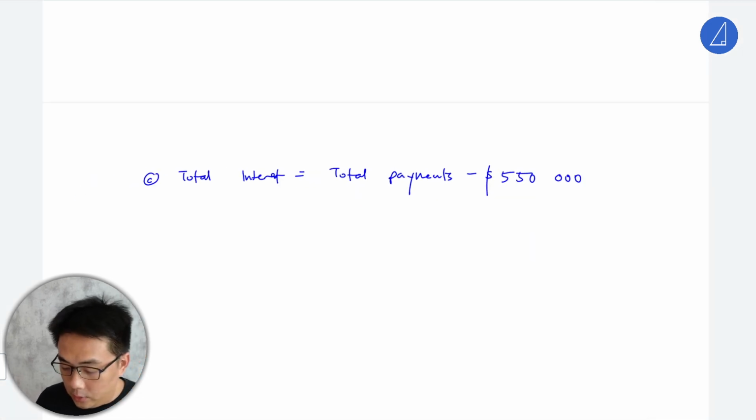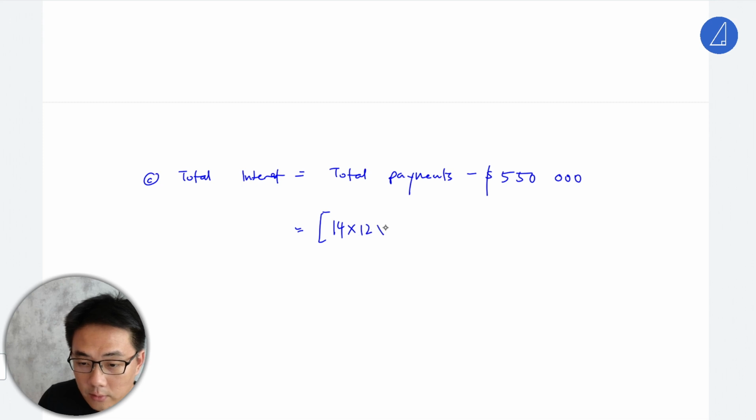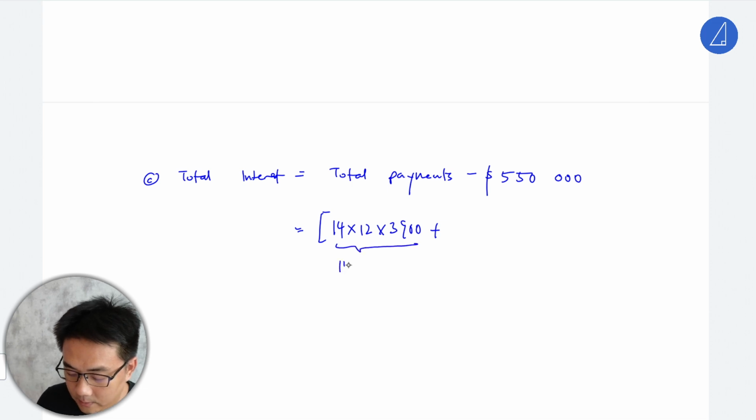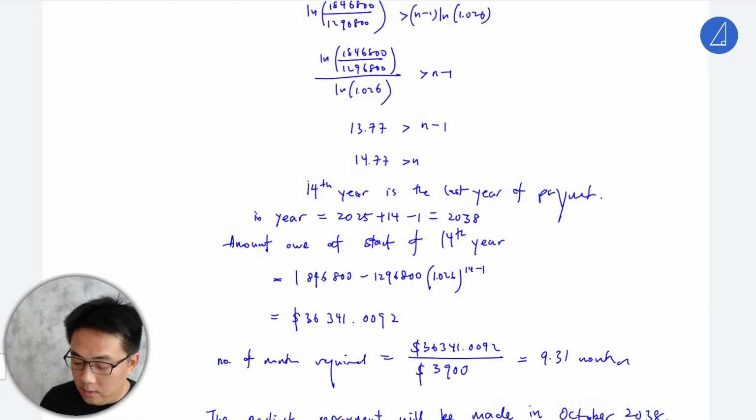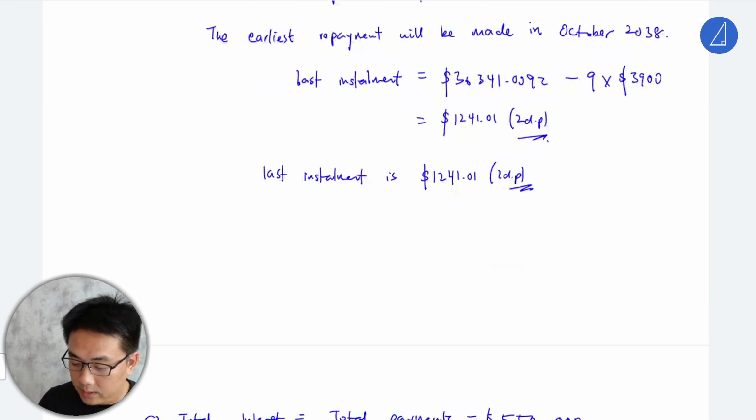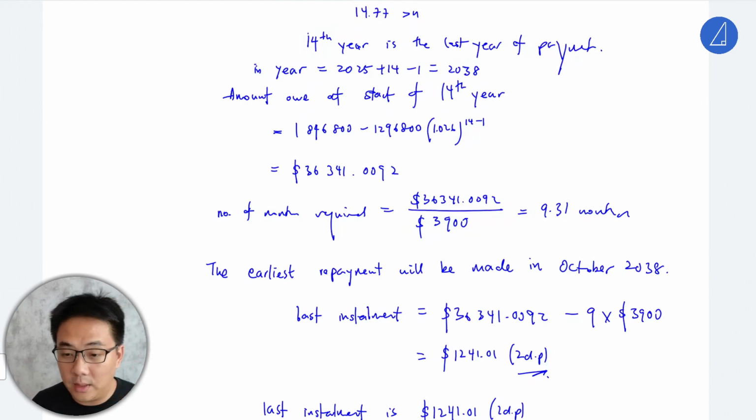You know that you paid for 14 years. From 14 years onwards, there's no more interest payment. You just need to finish what is owed at the start of the 14th year, which is this guy, 36,341.